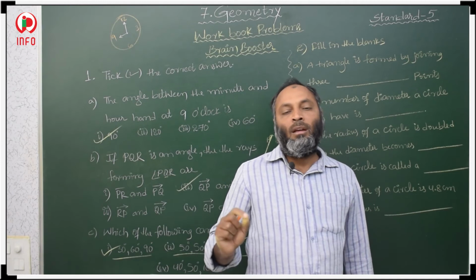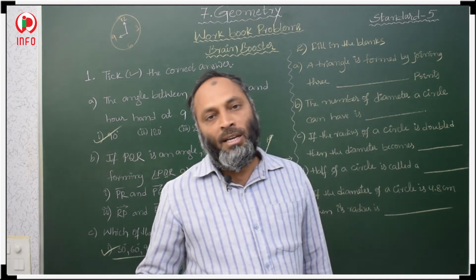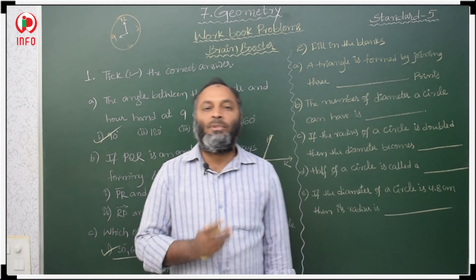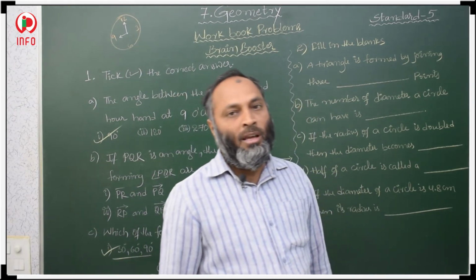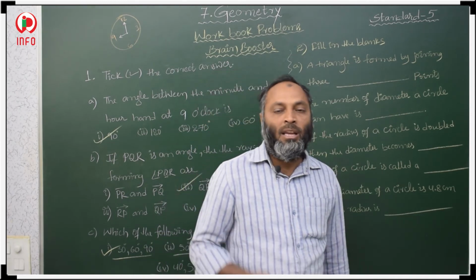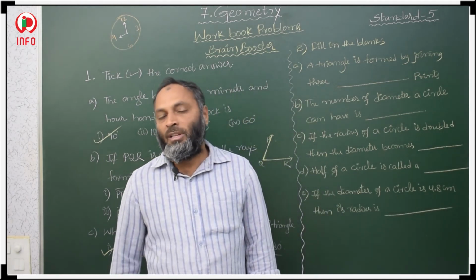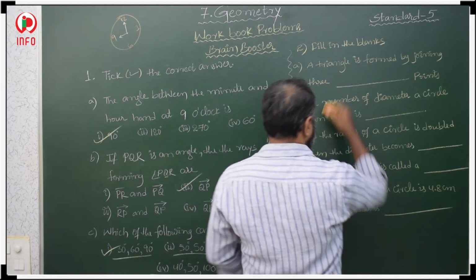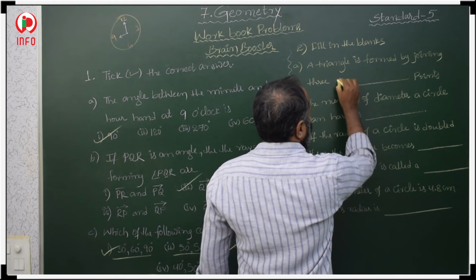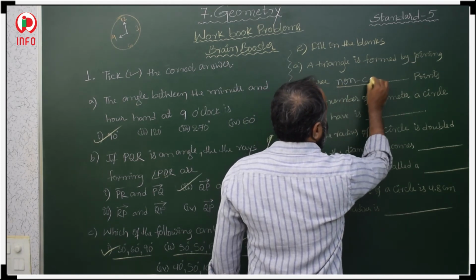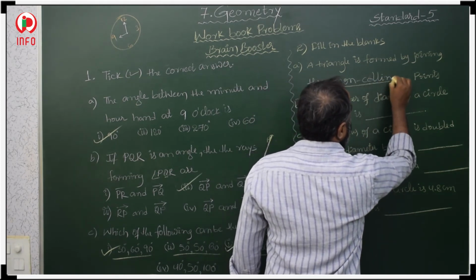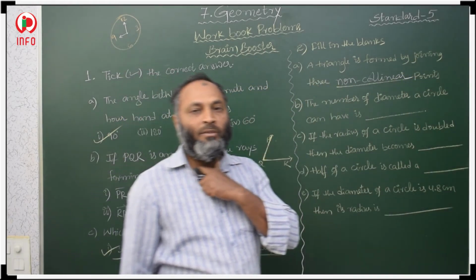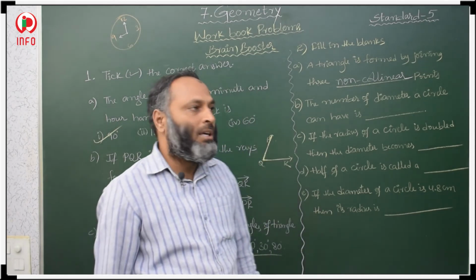If the points do not lie on the same straight line, they are non-collinear points. If we join three non-collinear points, then we form a triangle.